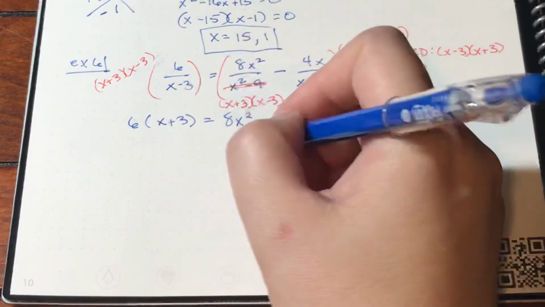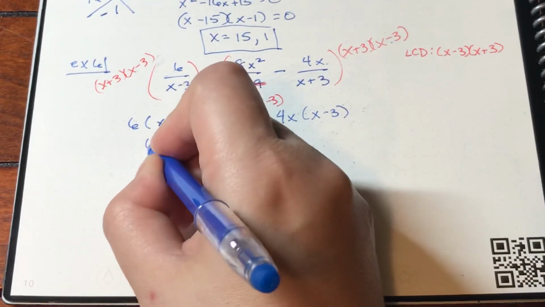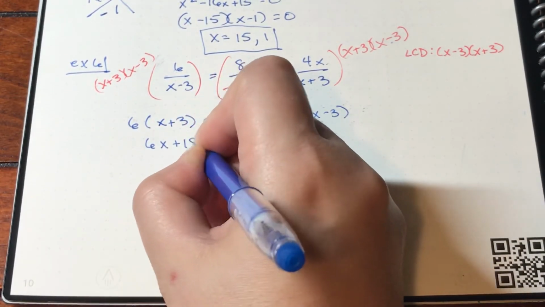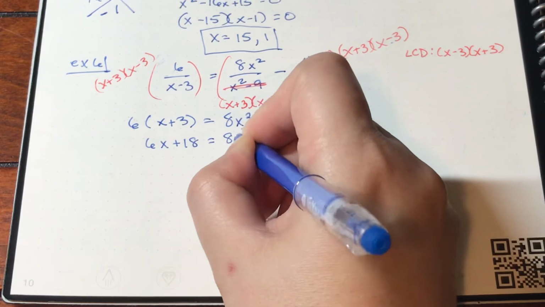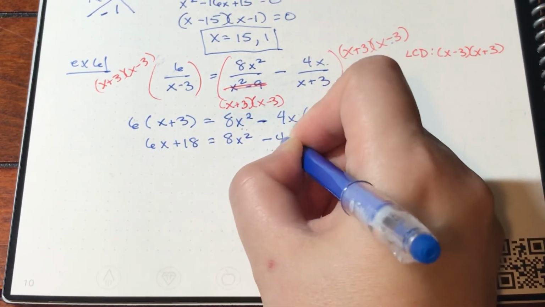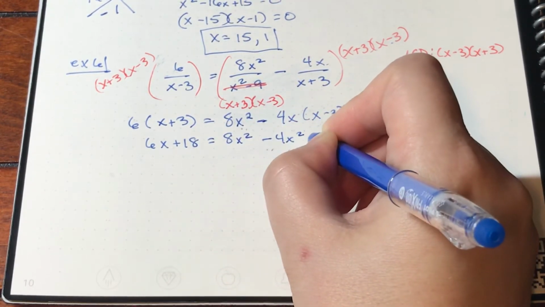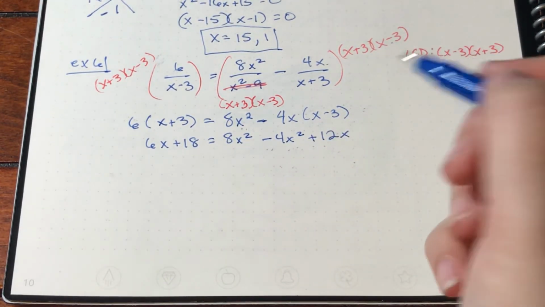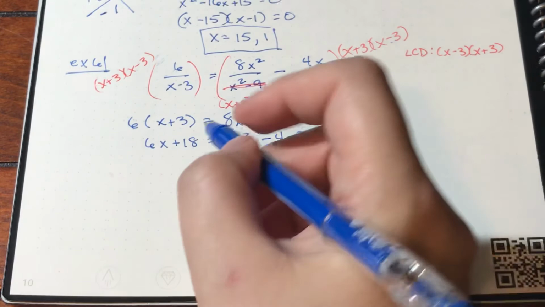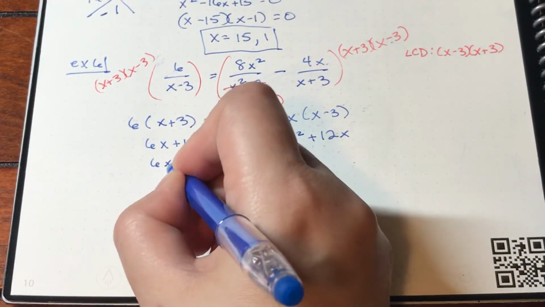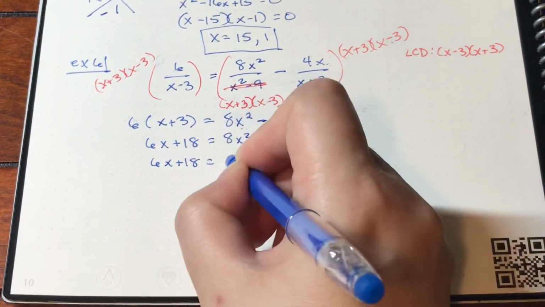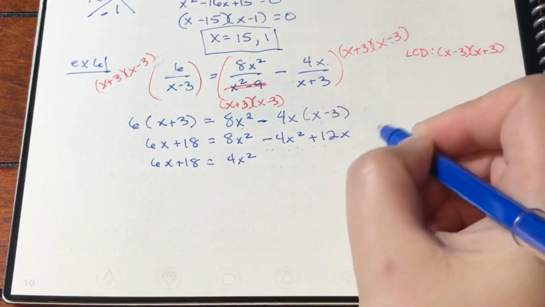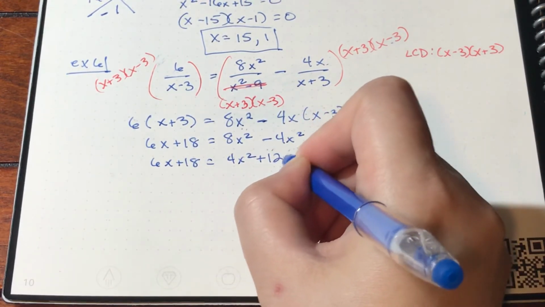Okay, so now I'm going to distribute and simplify. So 6x plus 18 equals 8x squared minus 4x squared plus 12x. Combine like terms. So 6x plus 18 equals 4x squared plus 12x.